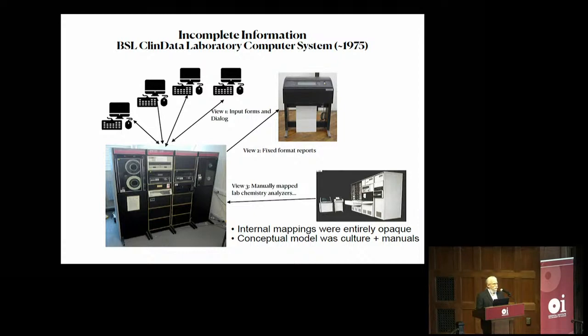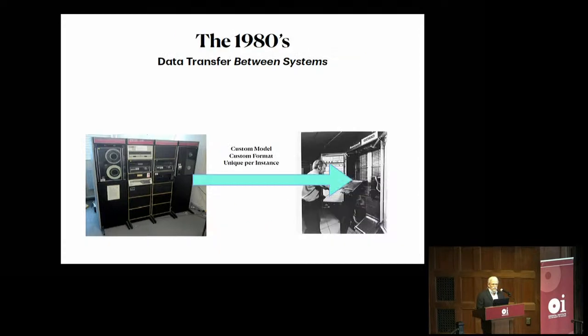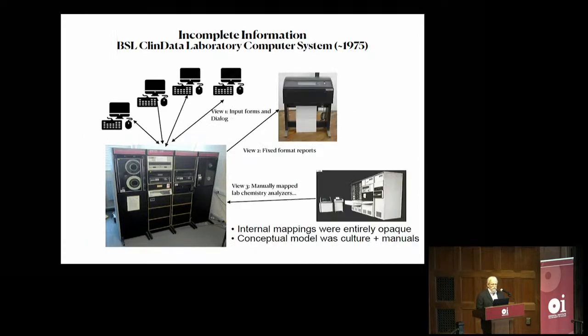This was the entirety of the input and output. You could pay us a whole lot of money and we'd build you a new report. If you had a new laboratory computer, you could pay us a whole lot of money and we'd create a new interface for it. The whole thing worked, but the key is that how the system worked, the models inside the system were entirely hidden.